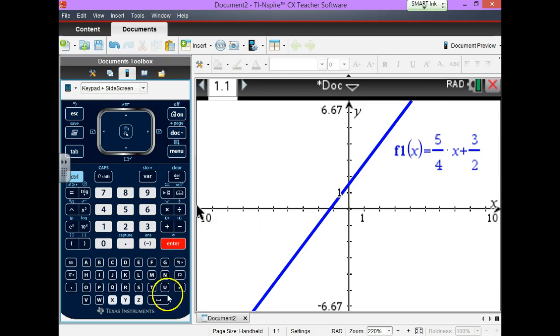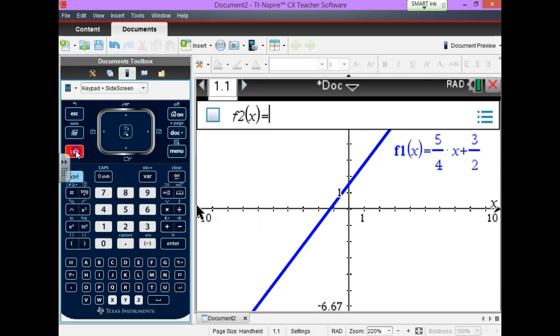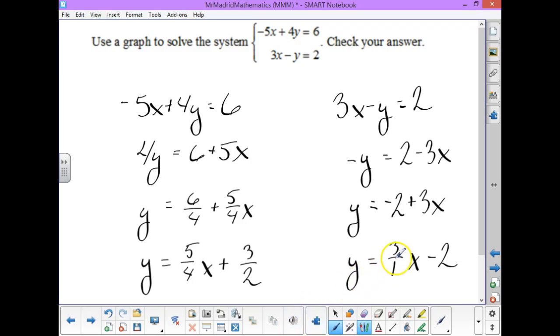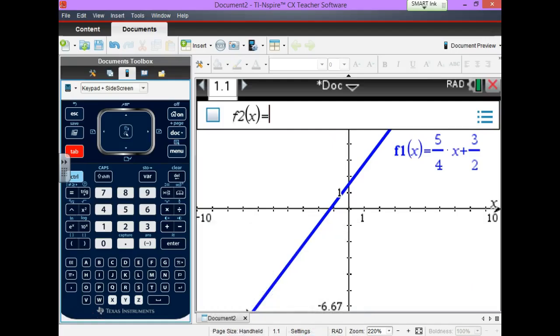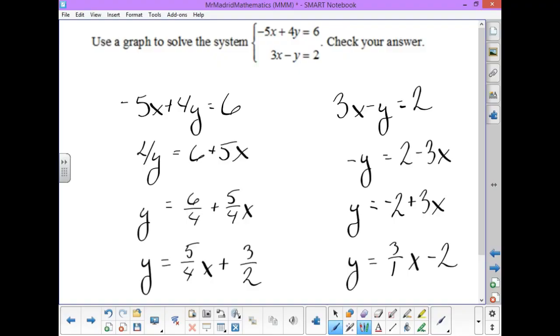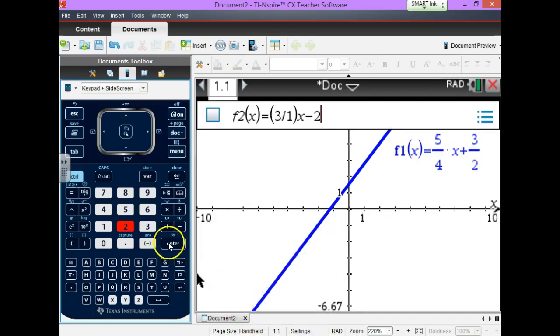Okay, there it is. I'm going to hit tab so I can enter the second equation or function. And it reads 3 over 1 x minus 2. Let me double check that. Okay, I'll hit enter.